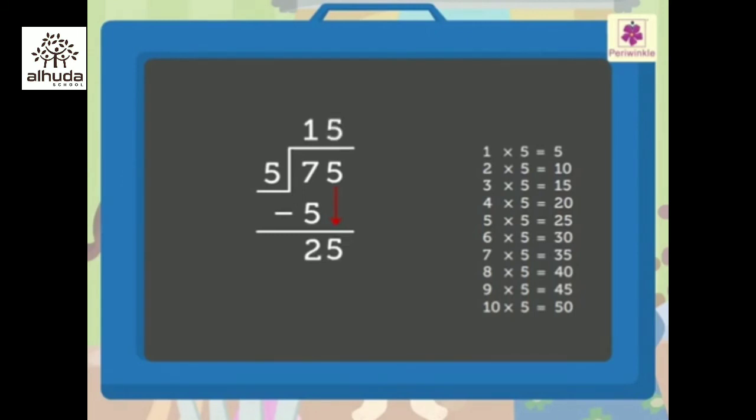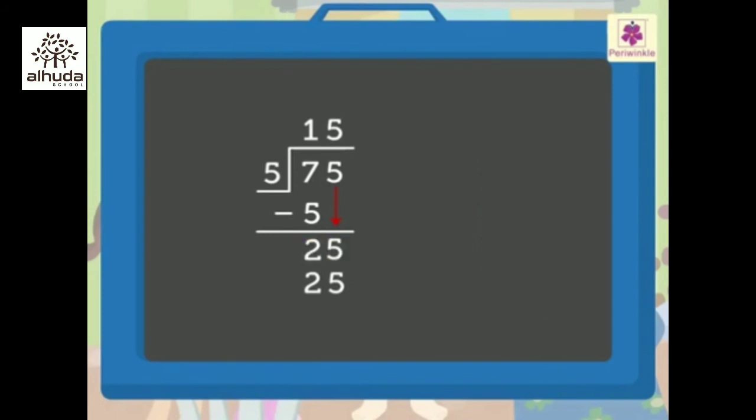We write 5 above the 5, since we know 5 multiplied by 5 equals 25, and the number 25 under 25. Finally, subtract 25 from 25, which equals 0, which is the remainder. Write 0 in the ones column.